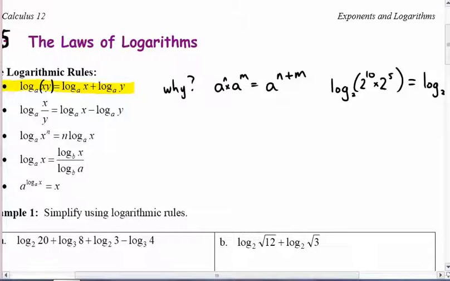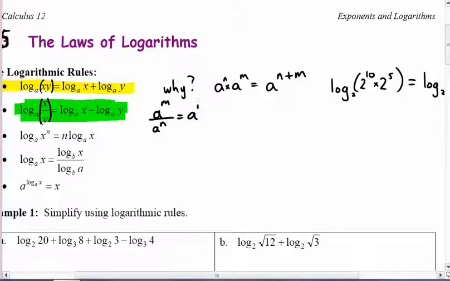So the second law is, let's do this one in green, the quotient law. Okay? If you have 2 numbers that are being divided inside of a logarithm, that's the same as subtracting 2 logs. The reason why is because if you have a to the m divided by a to the n, it's the same as subtracting the 2 exponents.